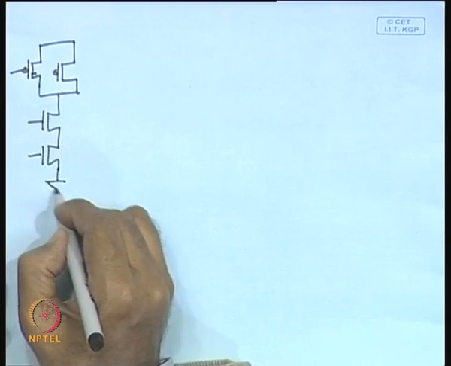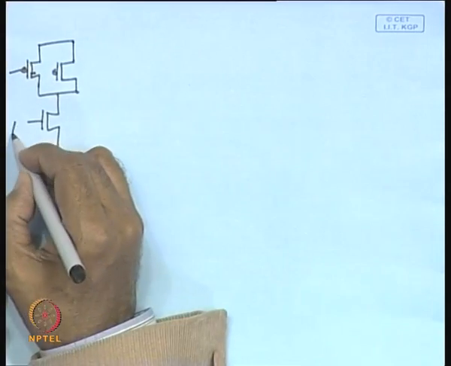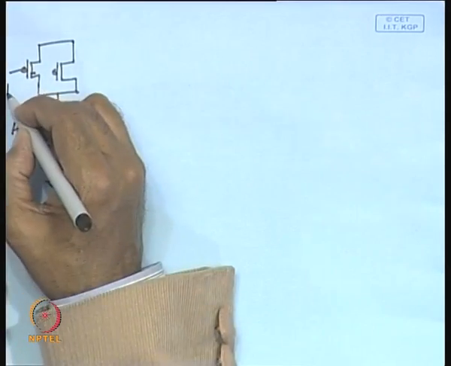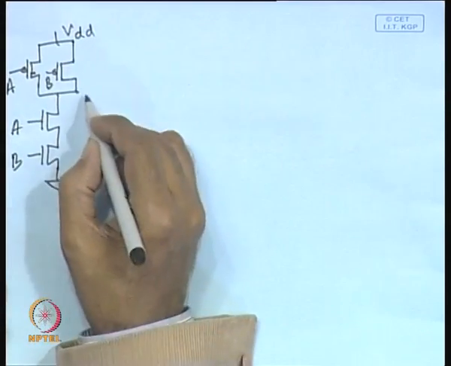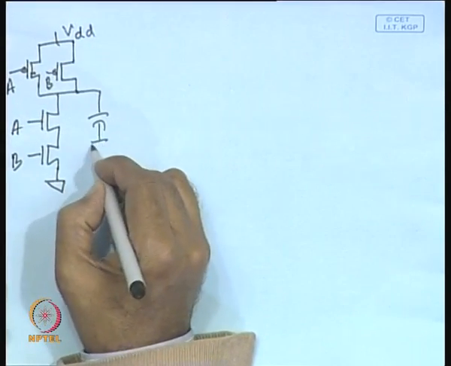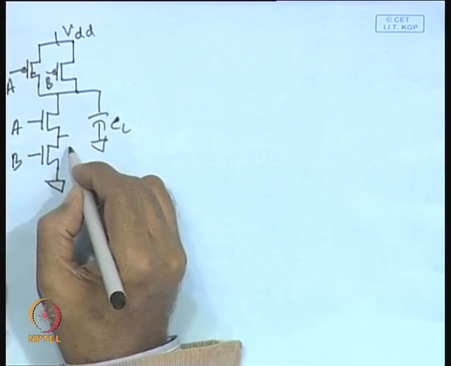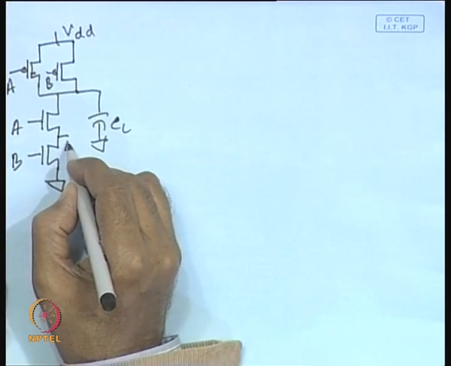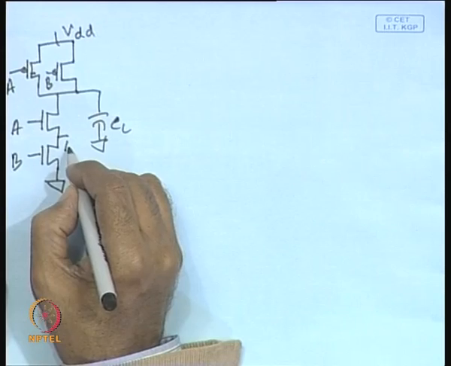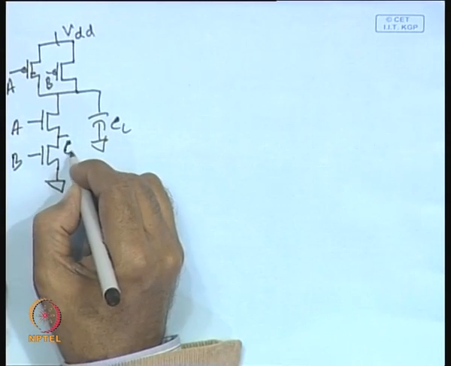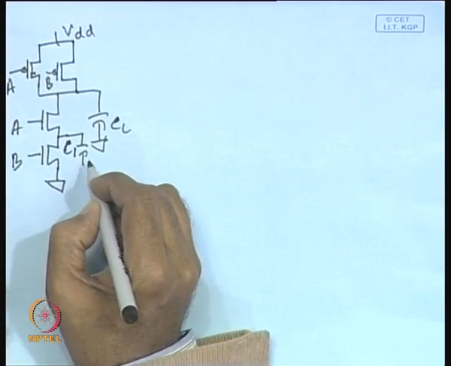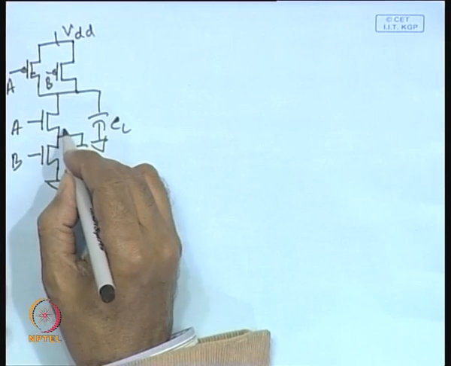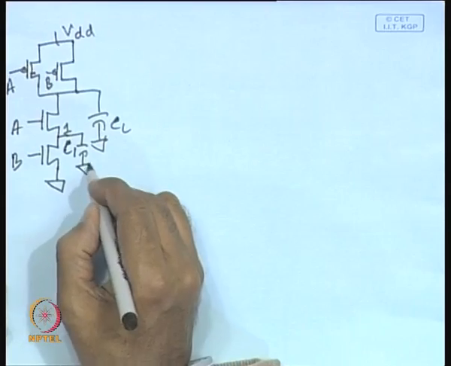In this, in addition to the inputs A and B, we have another node, this is CL, and here an intermediate node with capacitance, say CI, or C1 at node 1, let us assume.